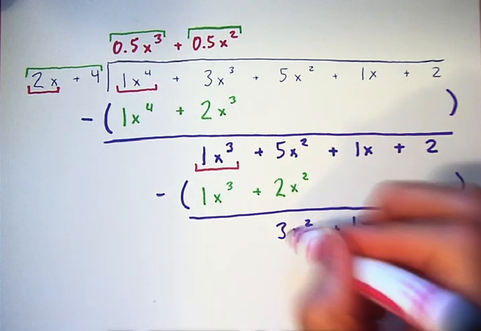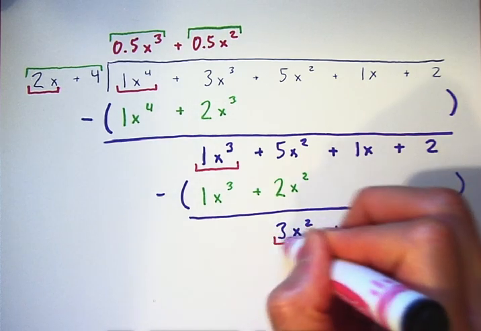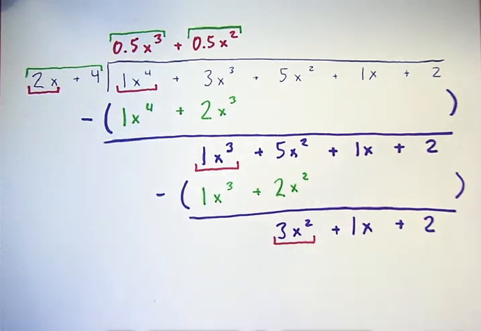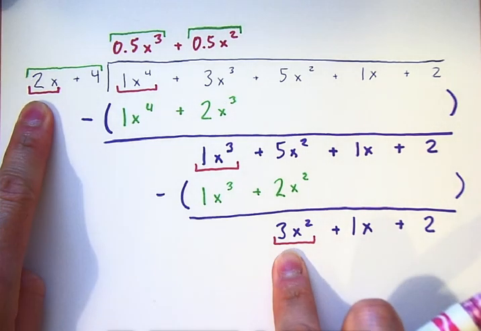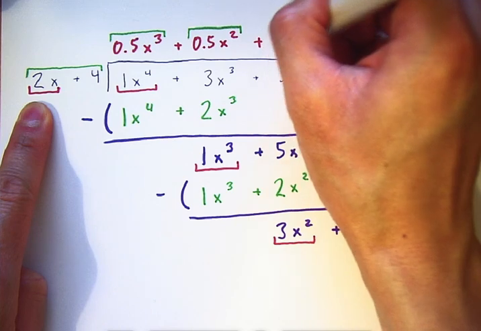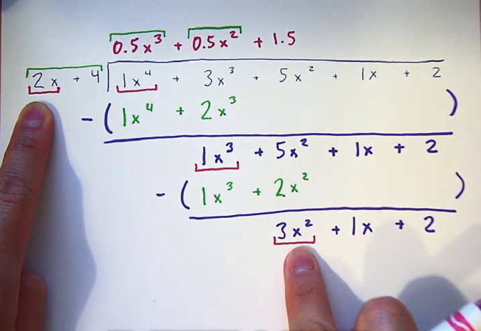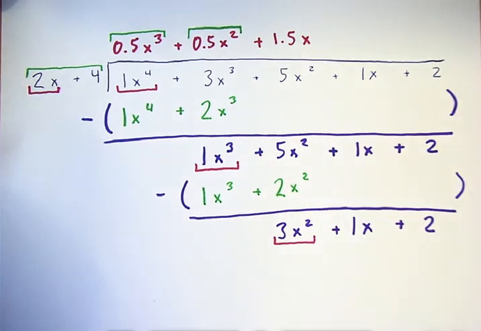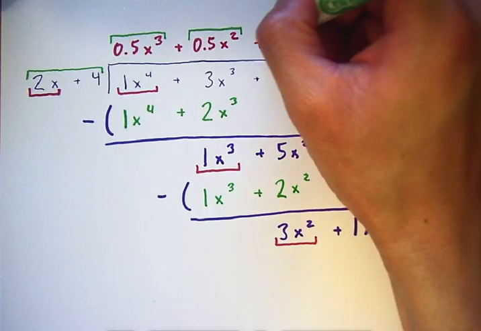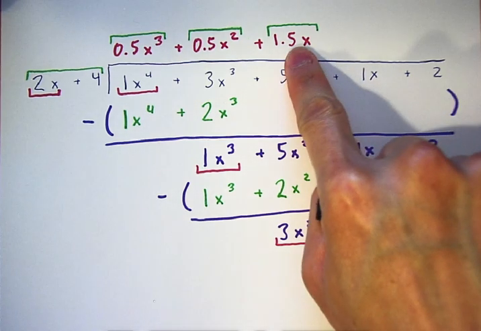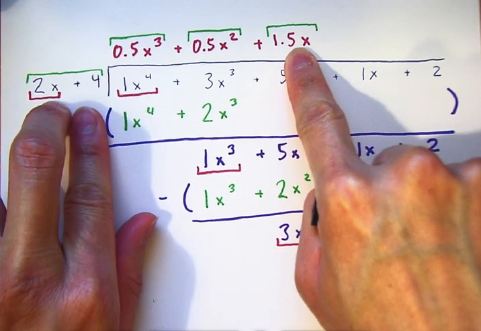We're going to divide our first term of our quotient by the first term in our divisor. 3 divided by 2 is positive 1.5. x squared divided by x is x. Multiply the last term in our quotient by our entire divisor.